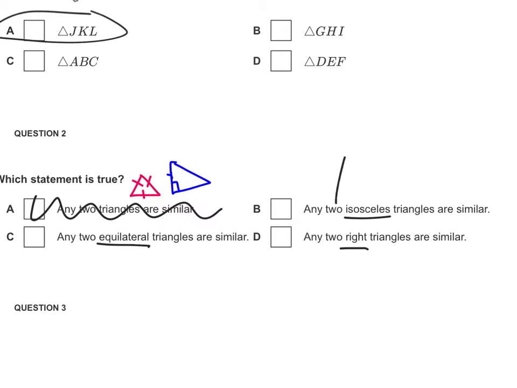Option B, we're looking at isosceles triangles. Okay, so I know isosceles triangles have congruent sides. So here we could have maybe 8 and 8, and then our other side lengths might be proportional. But the key with isosceles triangles is they have these congruent angles.